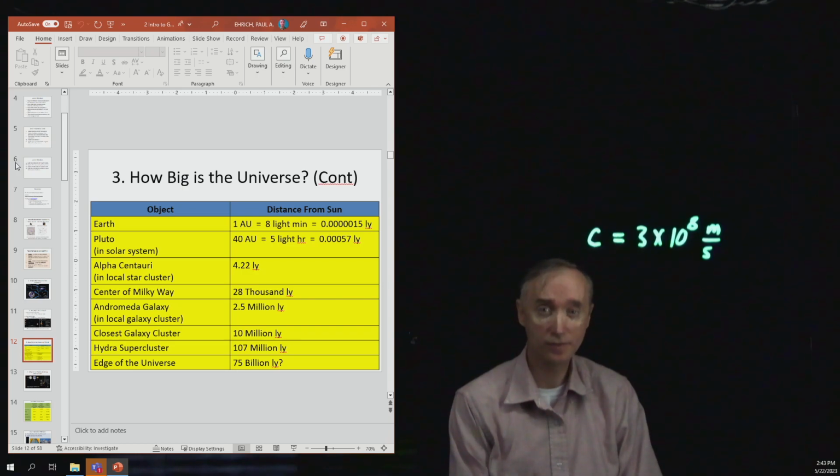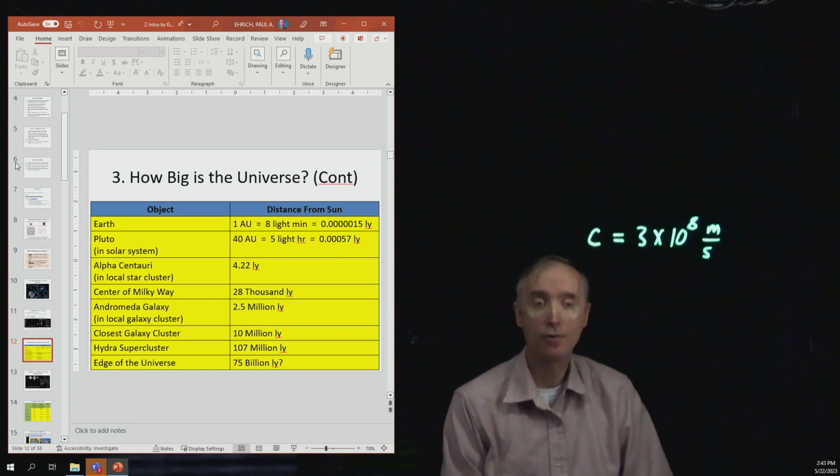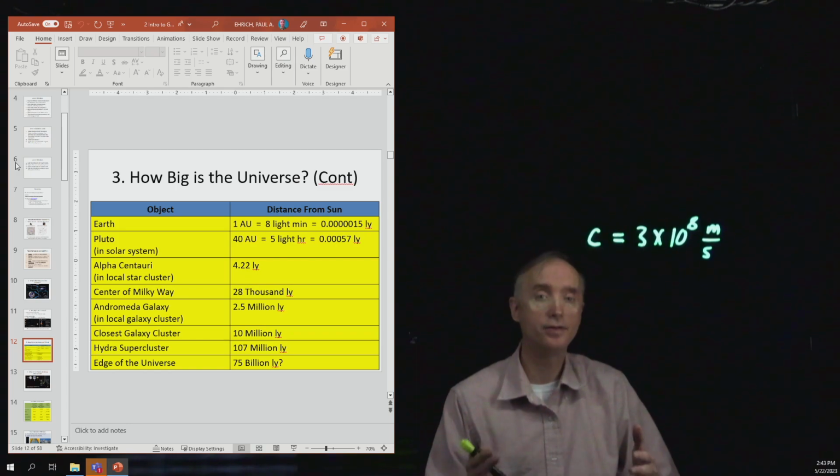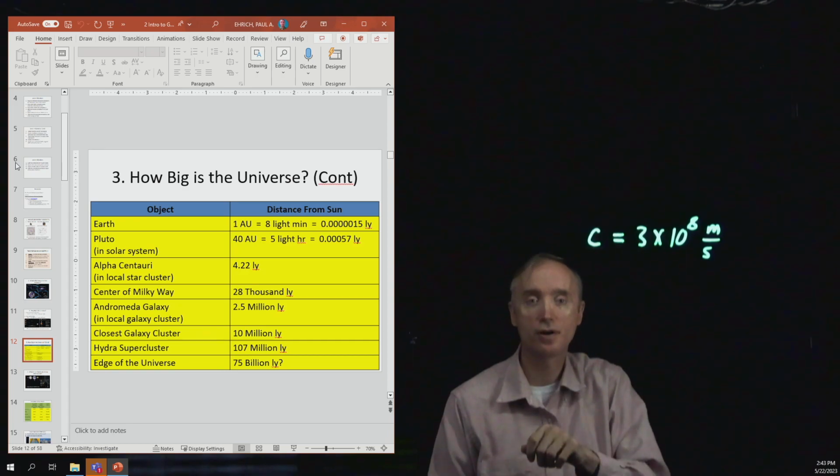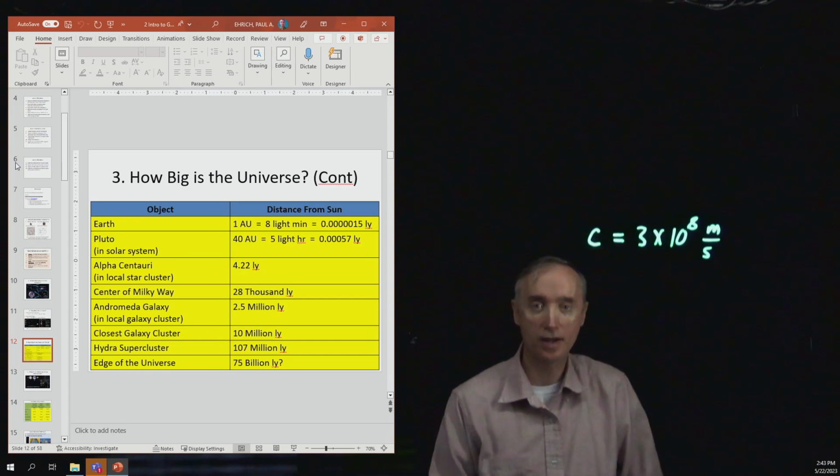And then we said that Alpha Centauri is approximately 4 light years. Our galaxy is 100,000 light years across. And the distance from our star to the center of our galaxy is about 28,000 light years. Then Andromeda is located about 2.5 million light years from Earth.